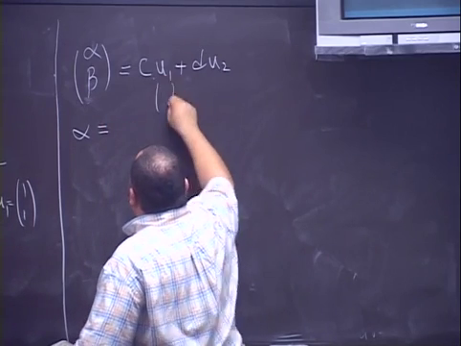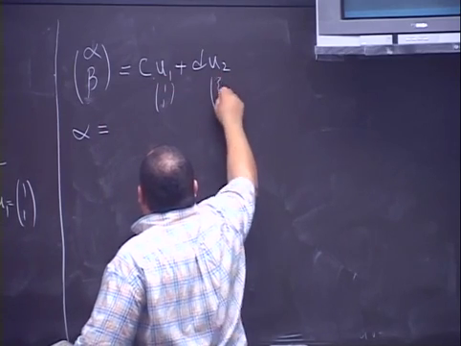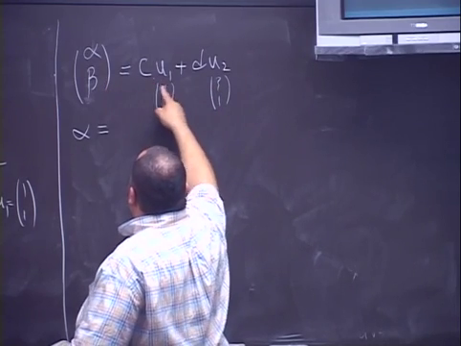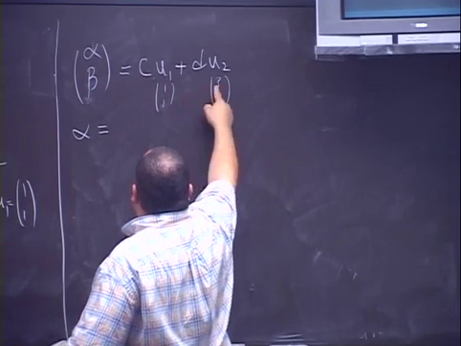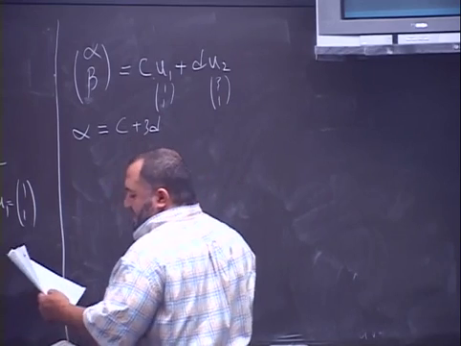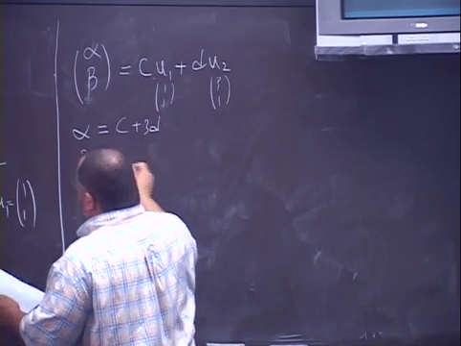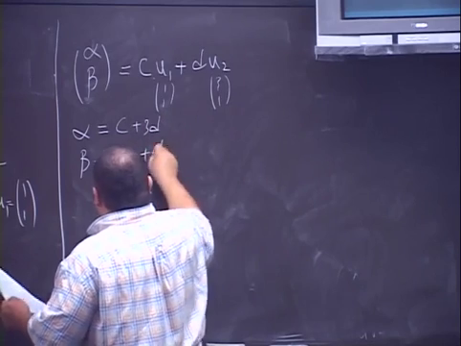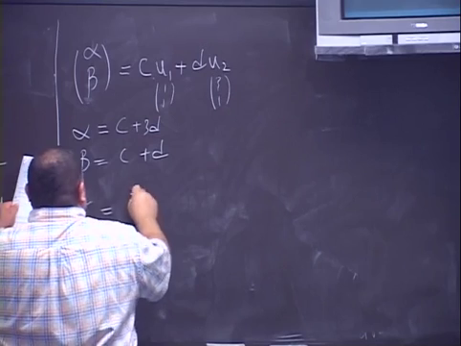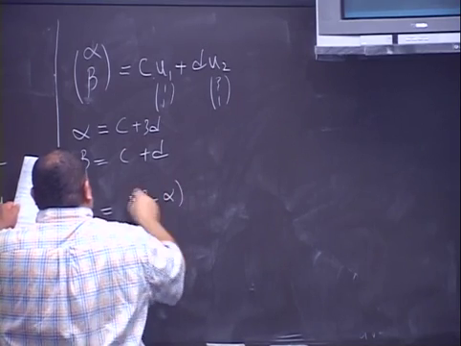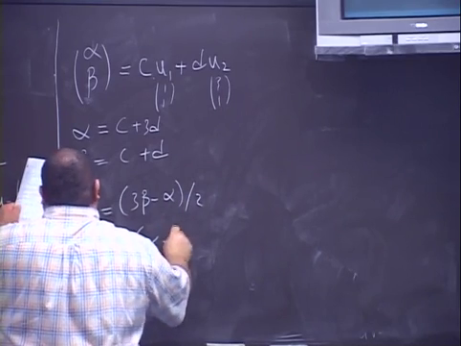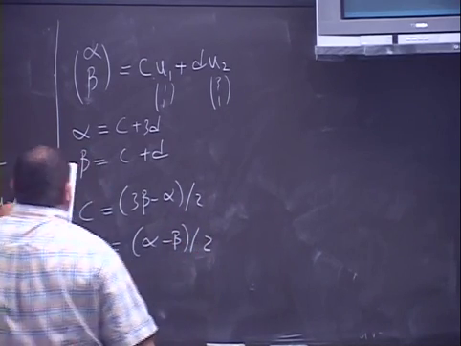If you put this as 1, 1, and this as 3 and 1, alpha will be C multiplied by 1 plus 3D, so alpha equals C plus 3D, and beta will be C plus D. Then you can get the values for C and D: C equals (3 beta minus alpha) over 2, and D equals (alpha minus beta) over 2.